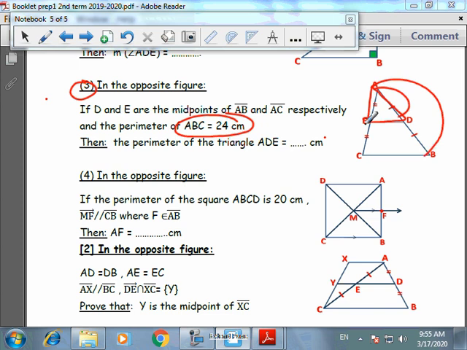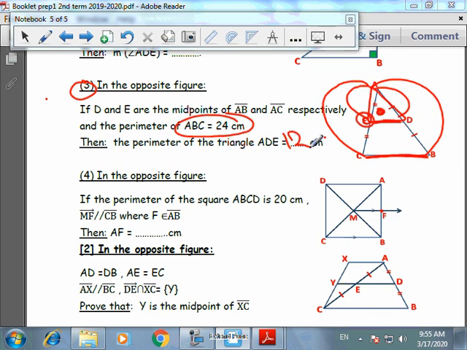Also, E is the midpoint of AC, so AE must be half AC. What about the third side, DE? D is a midpoint and E is a midpoint, so DE is also half BC. So the smaller triangle must be half the bigger triangle in perimeter. If the bigger triangle is 24 centimeters, the smaller triangle would be 12 centimeters.